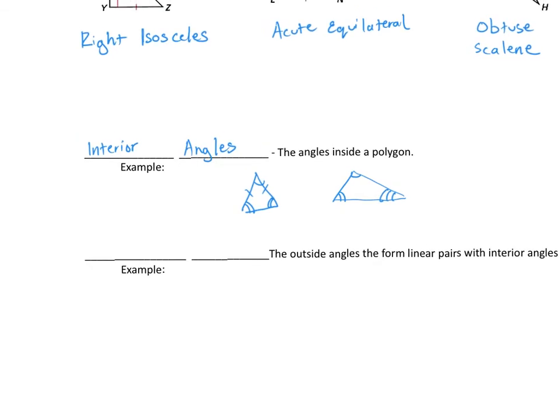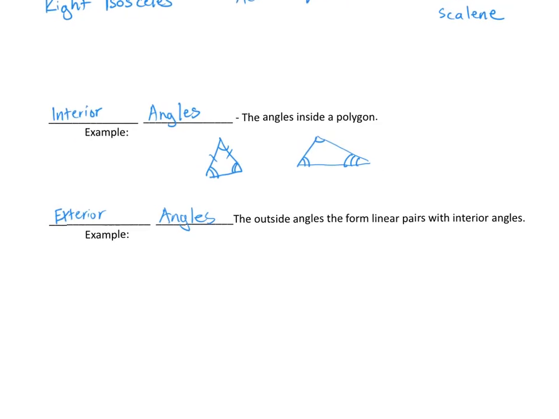Next one, the outside angle then is your exterior angle. And they form linear pairs, meaning remember they have to add up to 180 degrees with the other angles.